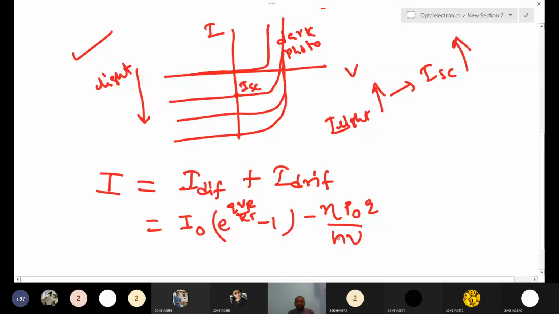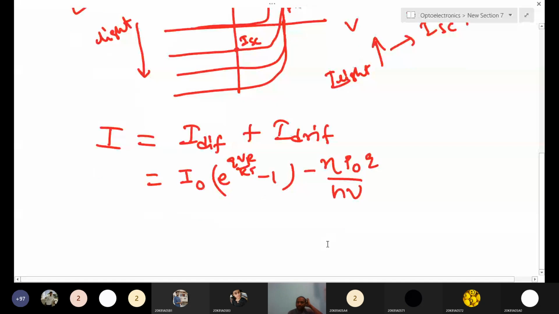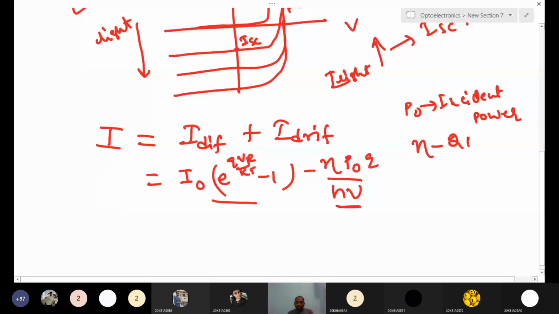The first term is due to diffusion current, and the second term is due to drift current. Here P0 is the incident light power, and eta is the quantum efficiency. These two terms we will discuss.